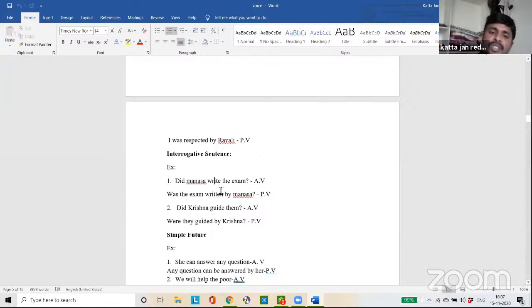be forms are used. Here write is V1, but did is also used. Did plus V1 is equal to V2. So V2 is the verb form. So what are the be forms used?